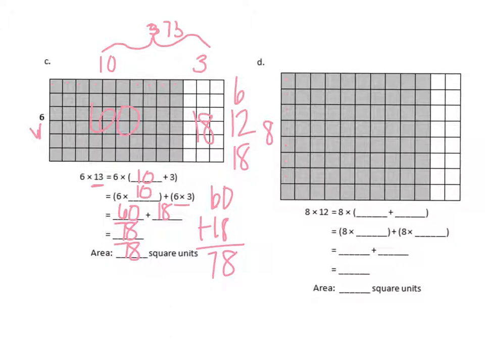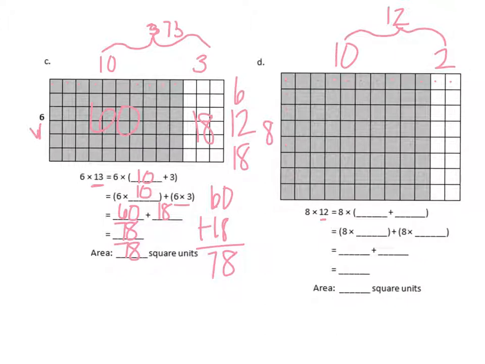Now, count the shaded part at the top to figure out the length. 1, 2, 3, 4, 5, 6, 7, 8, 9, 10. There are 10. Now when I take a look at the unshaded part, I see that there are 2 units. When I put 10 and 2 together, I get a total of 12 units altogether. So that is where the 12 is coming from in the first part.